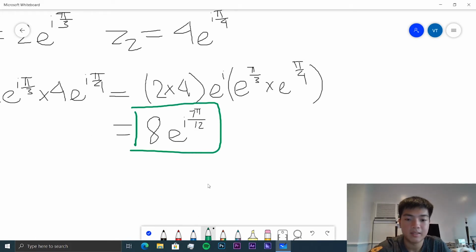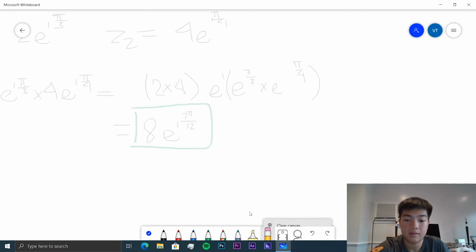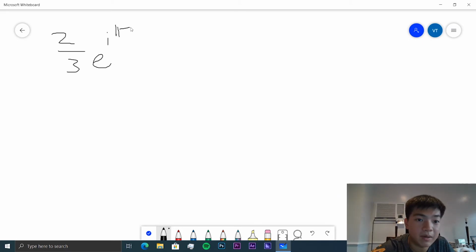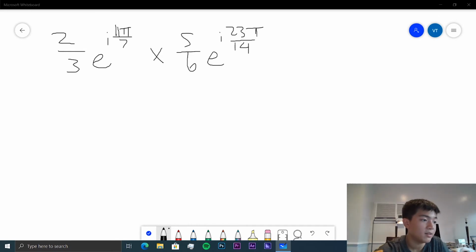Nice. Okay, and then on to the next one. The next one is we need to multiply 2/3 e to the i 11 pi over 7 and 5/6 e to the i 23 pi over 14. Okay.